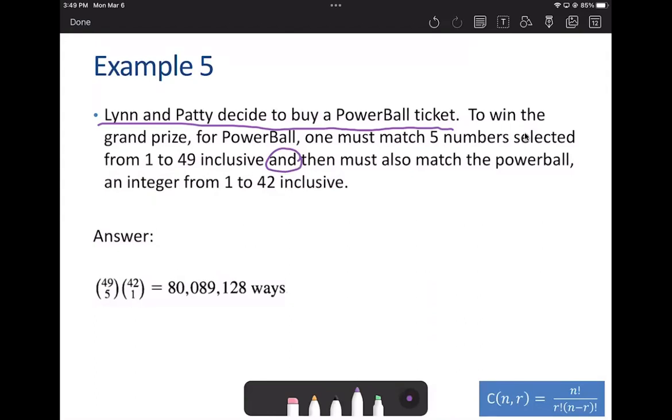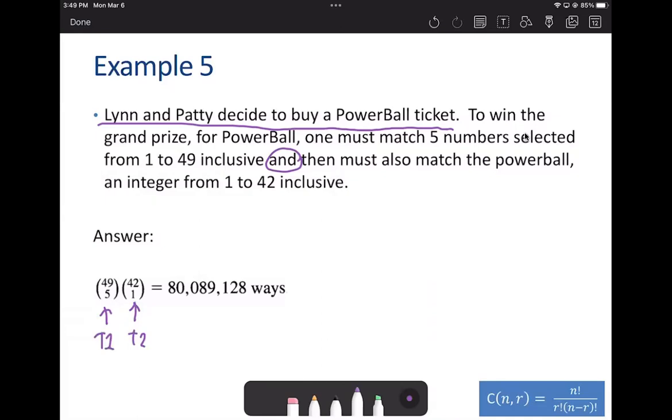So there are 2 conditions in order for Lynn and Patty to win the grand prize for the Powerball. First, that is to match the 5 numbers from 1 to 49, and then to match the Powerball, an integer from 1 to 42. So again we have two tasks, that is T1 and T2.